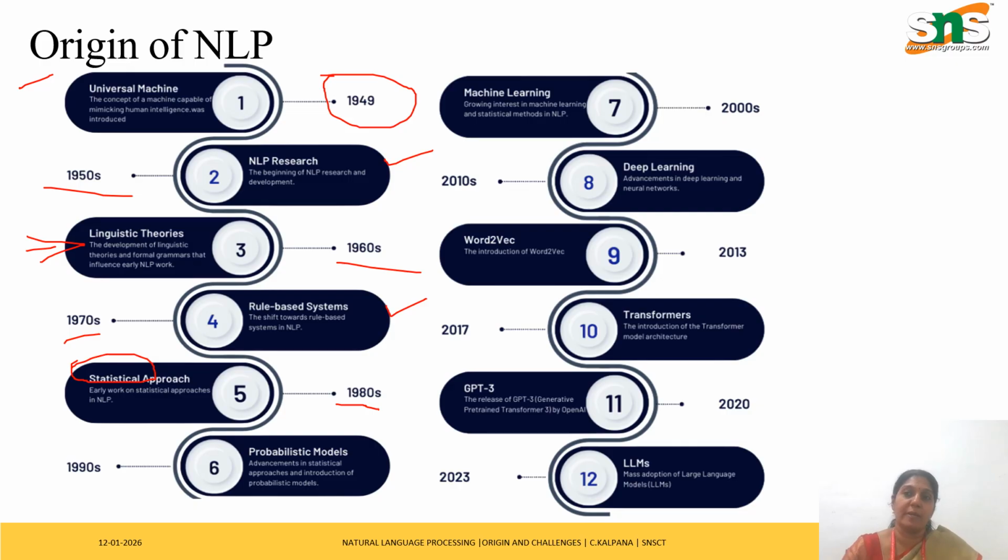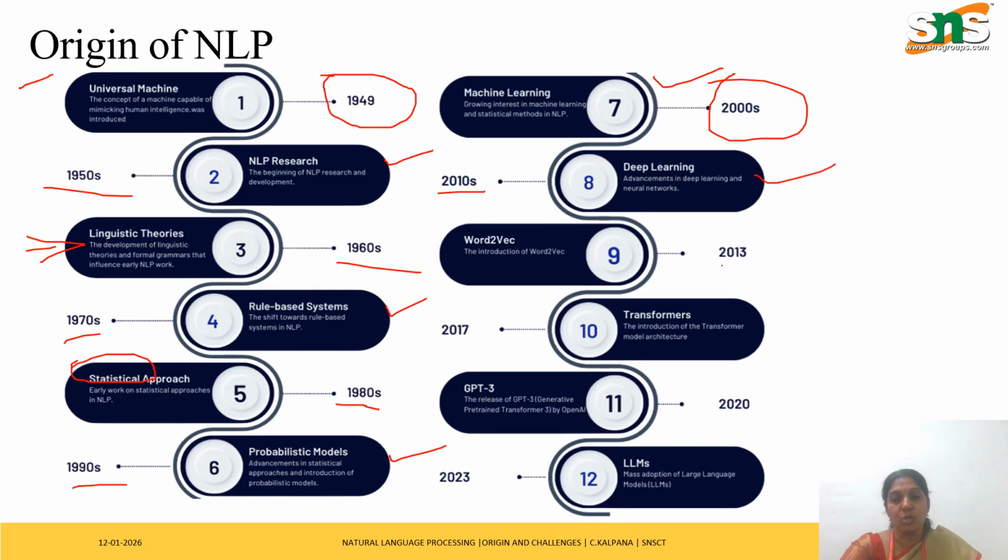So how does this auto recommendation happen? Everything started in the 1980s, and in the 1990s probabilistic models were developed. It is like a statistical approach, and with the help of it, fully probabilistic models were developed in the 1990s. In 2000, machine learning arrived, and in 2010 deep learning was introduced.